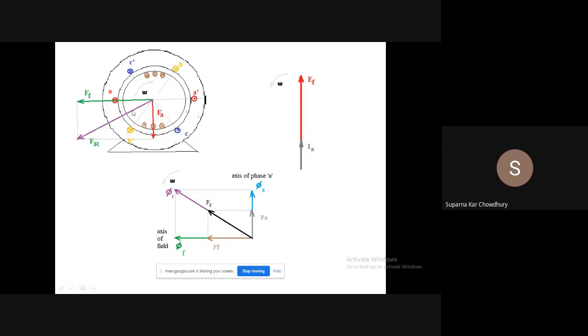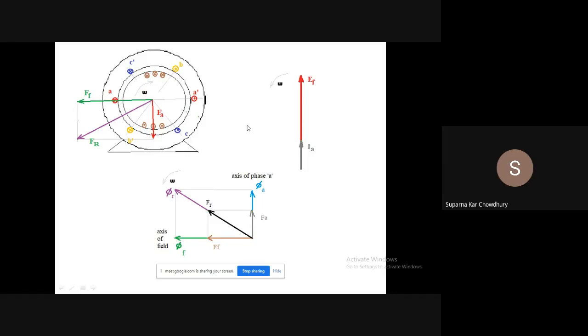For this particular figure, the field is along this line, so the induced EMF is maximum in this conductor and maximum negative in this conductor. As we have assumed the current to be in phase with Ef, it will also be maximum in this coil AA dashed.